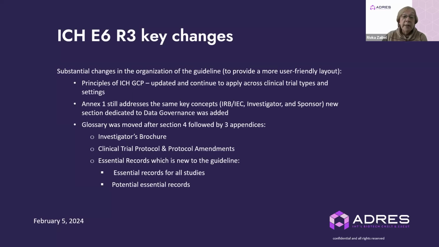Annex 1 still addresses the same key concepts, IRB, IEC, investigator, and sponsor, and new sections dedicated to data governance were added, which I consider one of the most relevant and critical additions to this guideline, because until now there were no really good or well-defined requirements in terms of data governance.